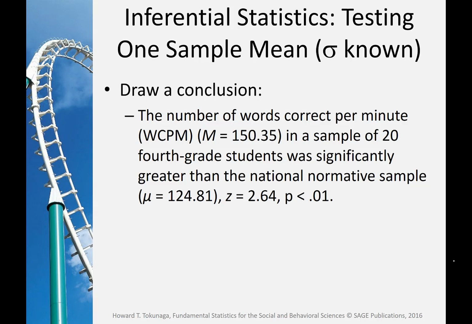The number of words correct per minute in a sample of 20 fourth grade students was significantly greater than the national normative sample of 124. He leaves out one word that actually changes the meaning of this sentence. It was statistically significantly different.